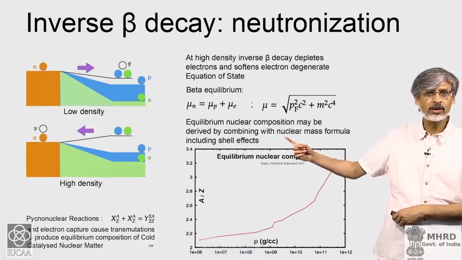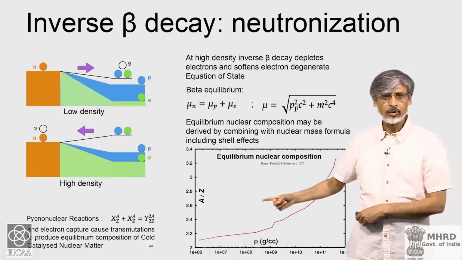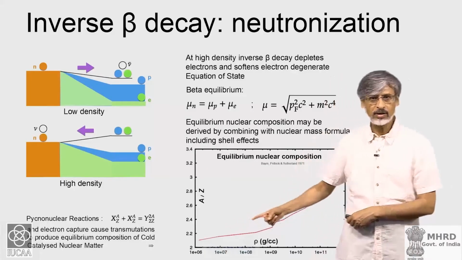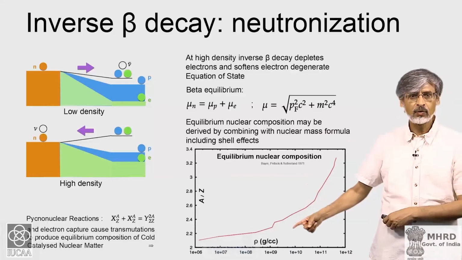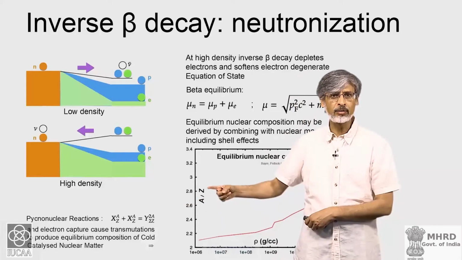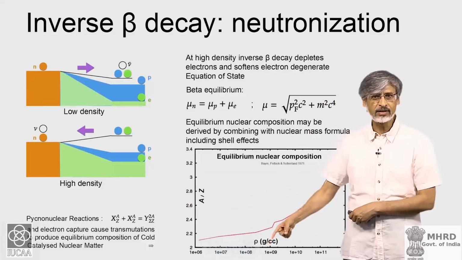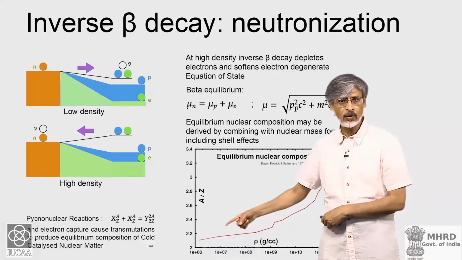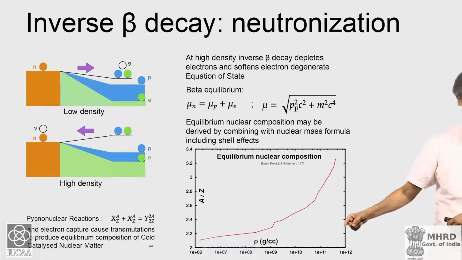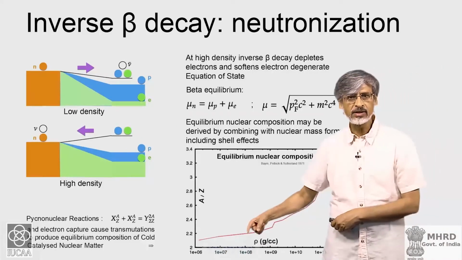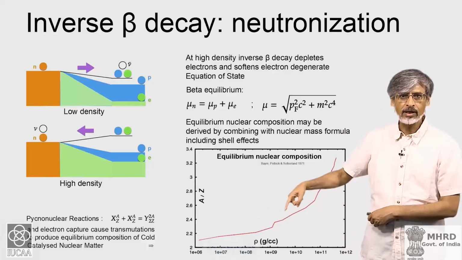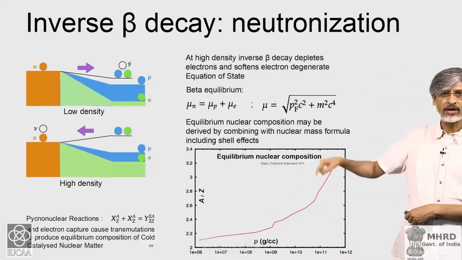The equilibrium nuclear composition may then be derived by combining with the nuclear mass formula including shell effects, and people have arrived at this diagram which I show here, where the ratio of mass number to atomic number is plotted against density for densities going up to about 10 to the power of 12 grams per cubic centimeter, and you can see that A by Z begins to rise as you go to higher and higher densities.